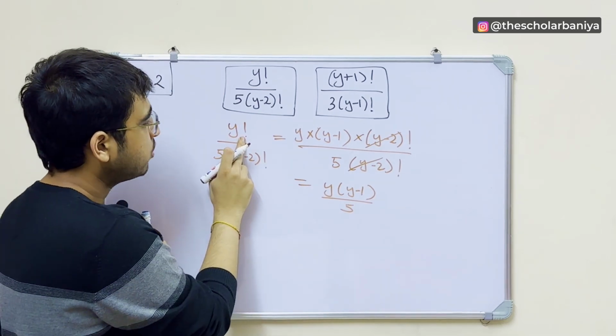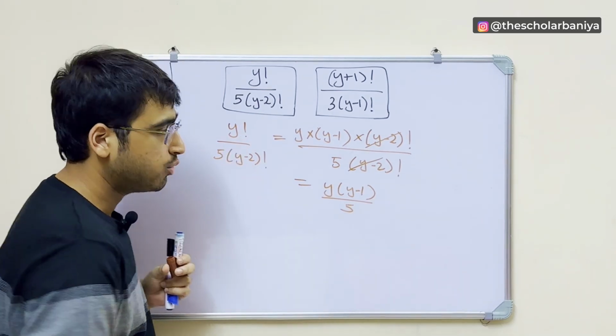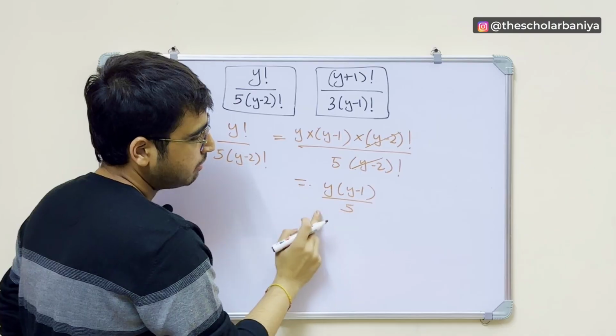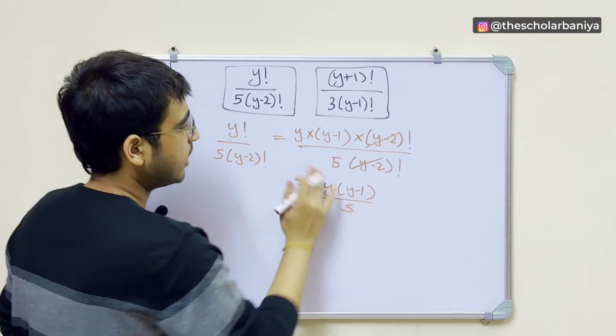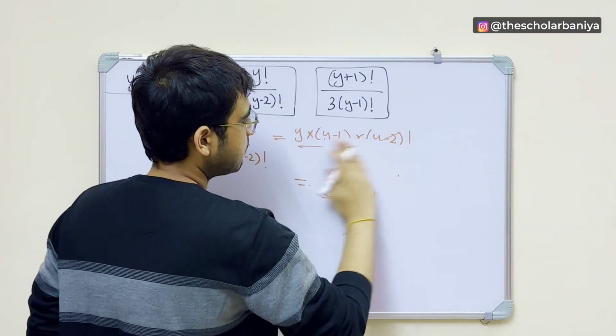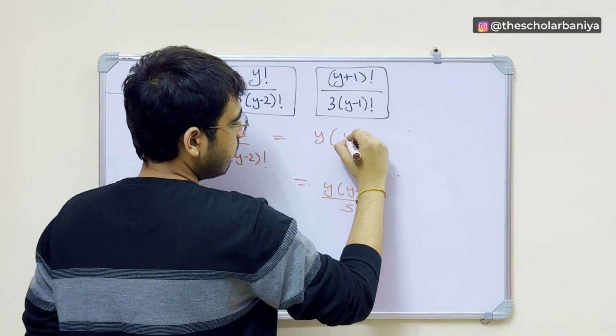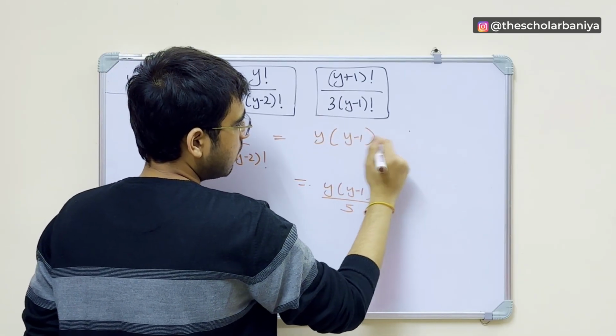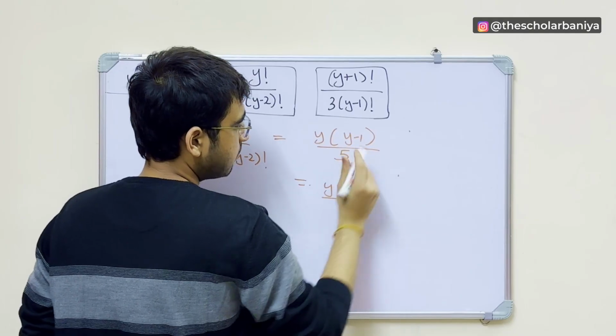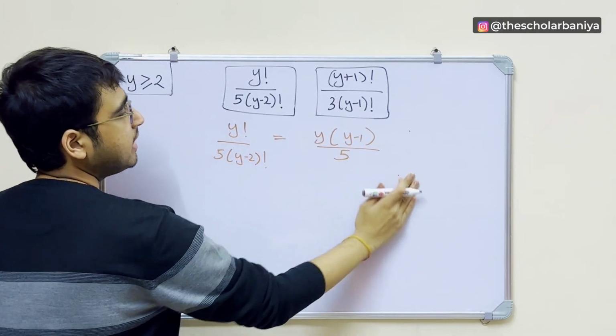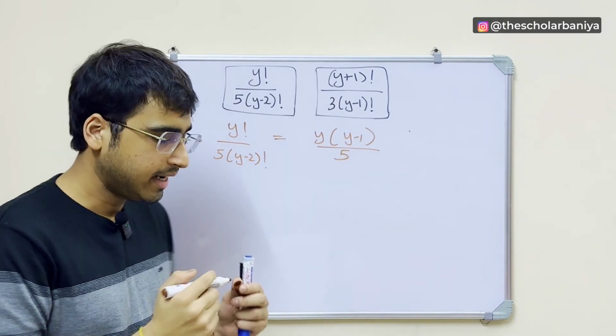So y factorial upon 5 into y minus 2 factorial is simplified into this. So let's directly write this over here. So we can write this as y into y minus 1 upon 5. I hope this makes complete good sense, right?